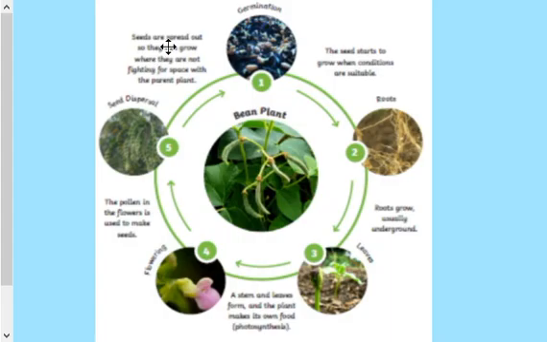The first thing is that the seeds might be planted. If we were to go out and plant seeds in a garden, we cover them with soil. We make sure that they are kept warm and dark, and we add water to them. This encourages the first stage, germination.